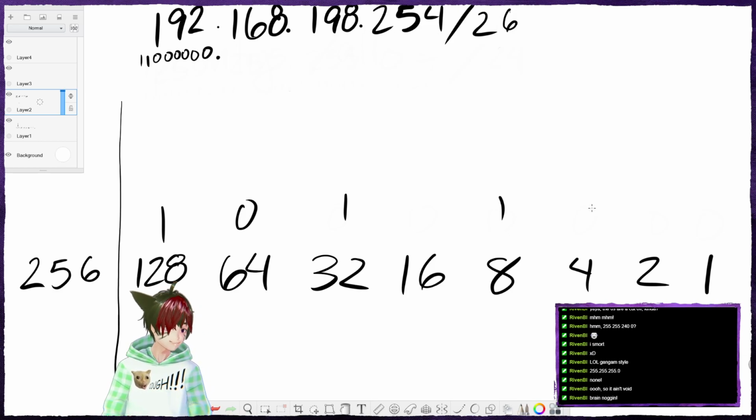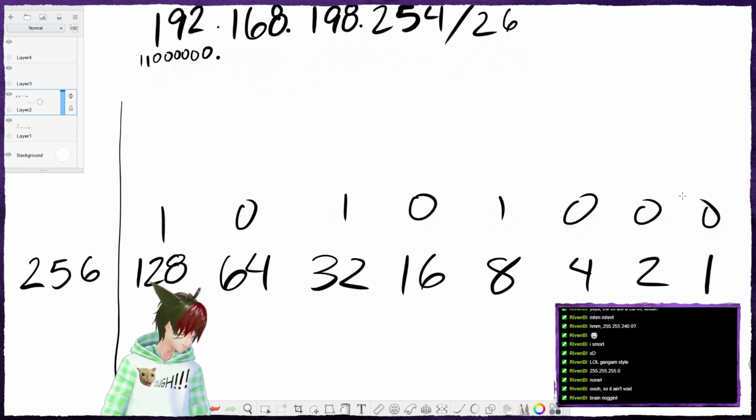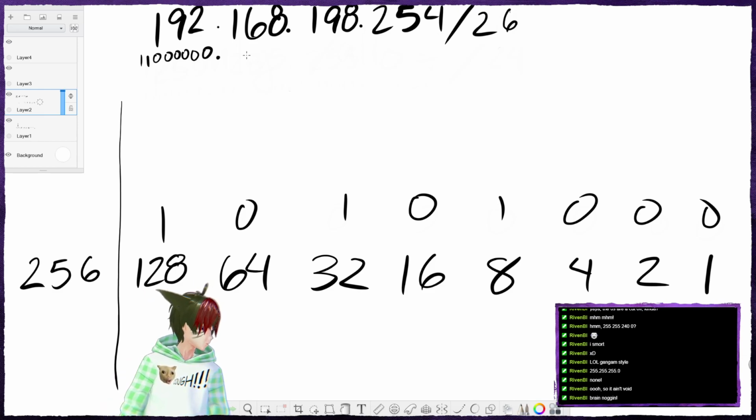So that would be a 1, because 128 plus 32 we get 160, plus 8. 1, 0, 1, 0, 1, 0, 0, 0. Dot.